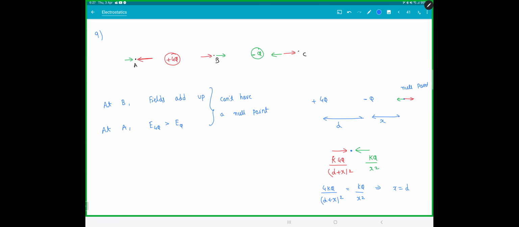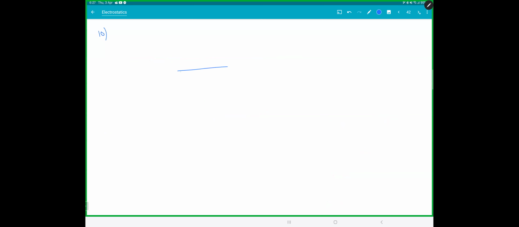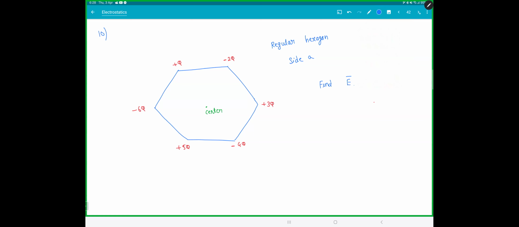Let's see one more. You have a regular hexagon of side a. The charges are plus q, minus 2q, plus 3q, minus 4q, plus 5q, minus 6q. Find the field at the center, both the magnitude and the direction.